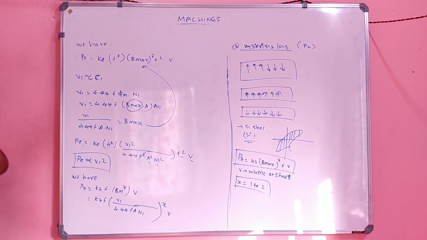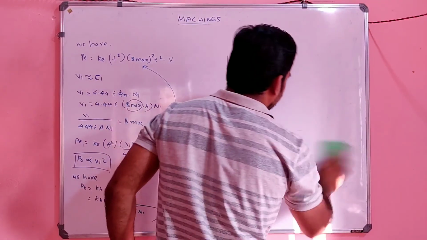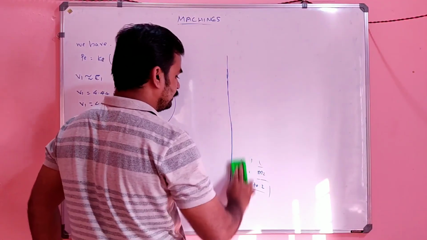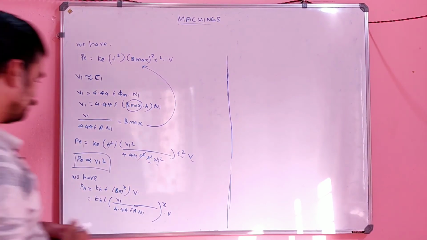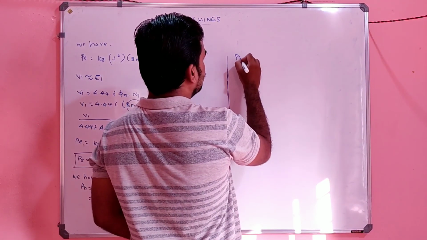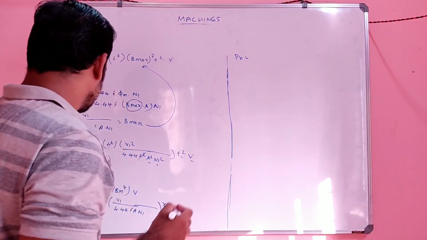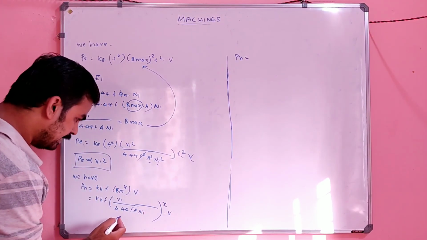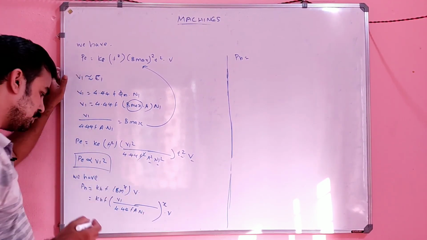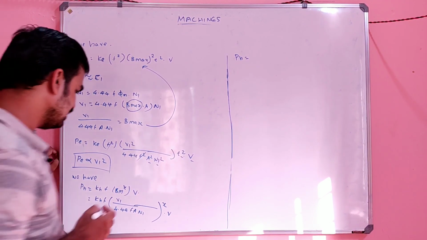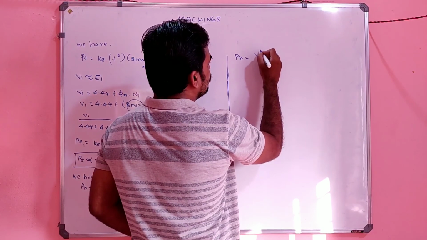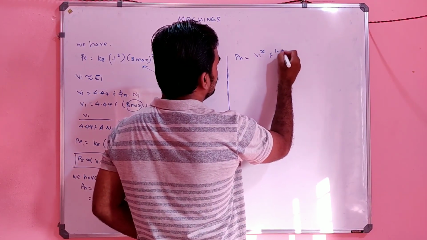Listen very carefully. Ph will become, with the f in the denominator raised to x combining with the f on top, V1 raised to x into f raised to 1 minus x.